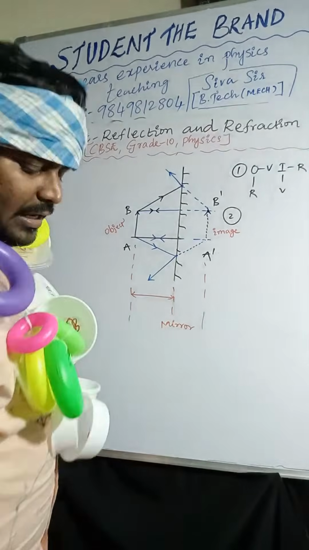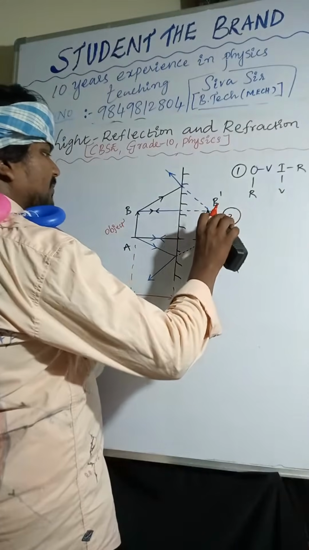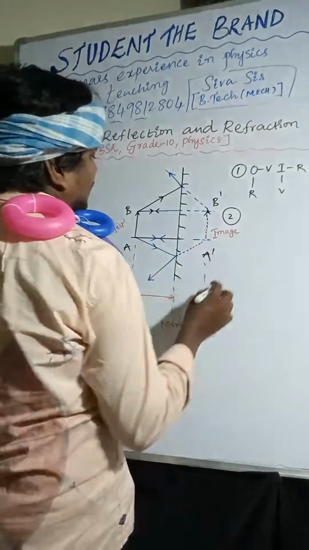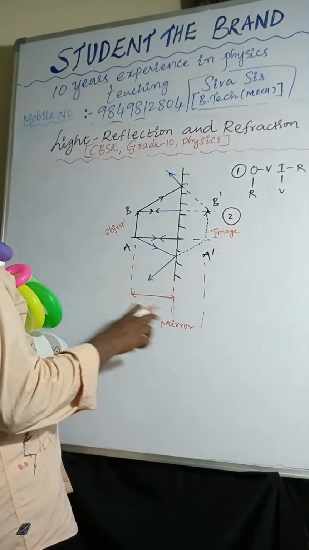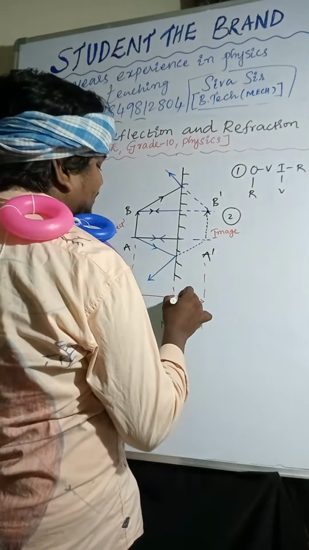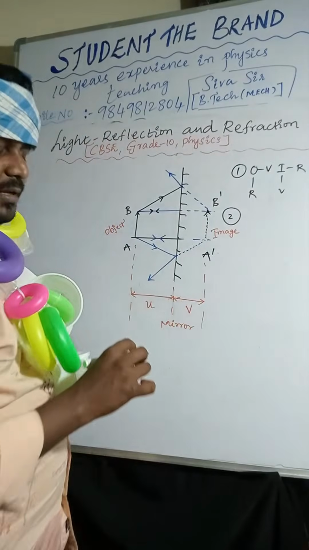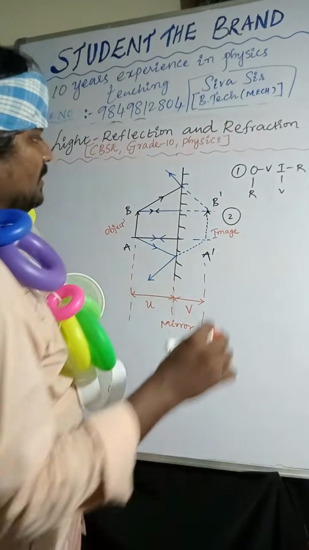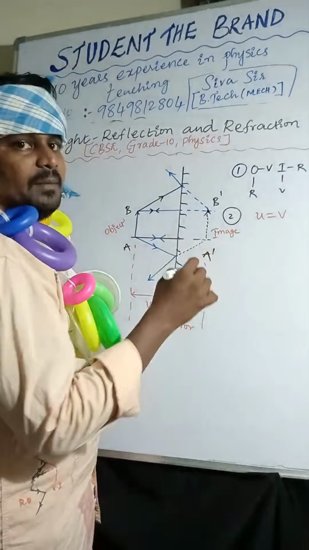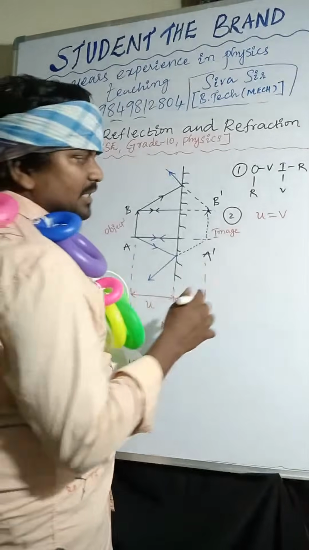The distance between the mirror and the image is called the image distance. So in the plane mirror, object distance is equal to image distance.